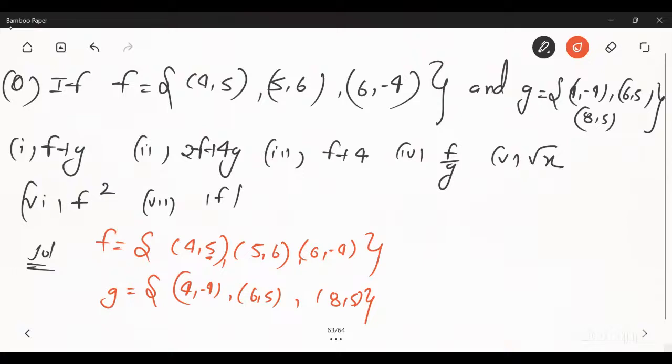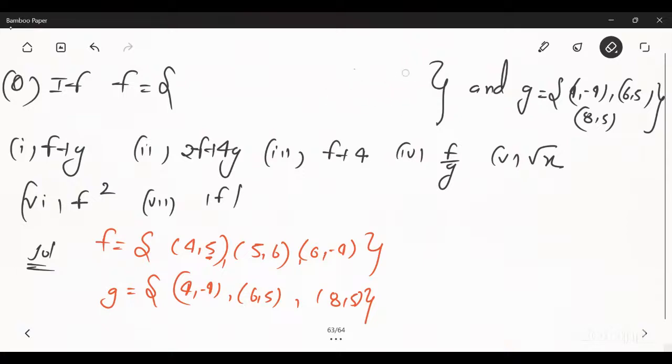I think the question is given wrong in the book. You have to change that value. It must be like (5, 4), (6, 5), and (minus 4, 6).